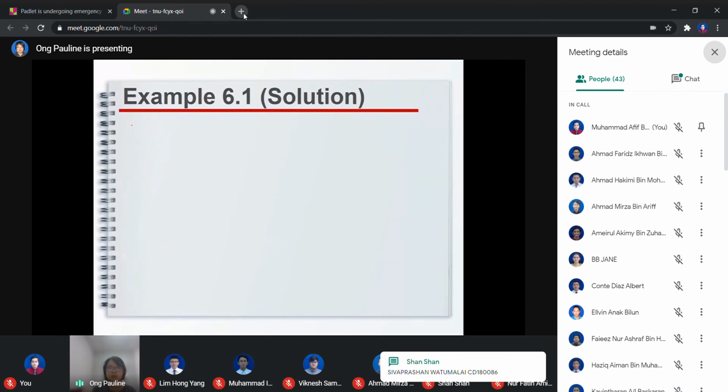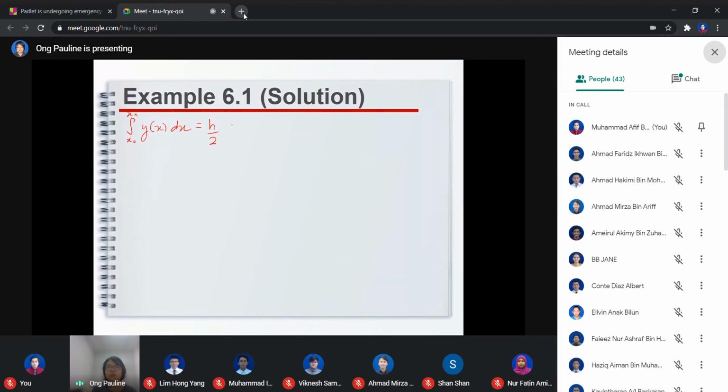For the trapezoidal rule, the integral from x0 to xn of y(x) dx equals h over 2, then here you have y0, yn, and here you have the intermediate values yi.